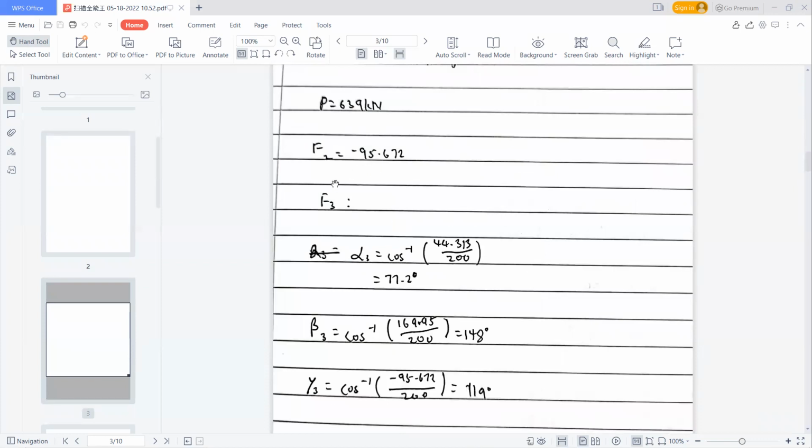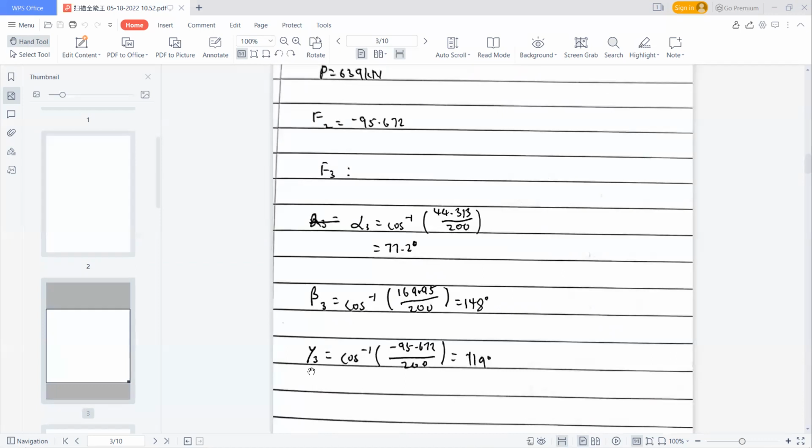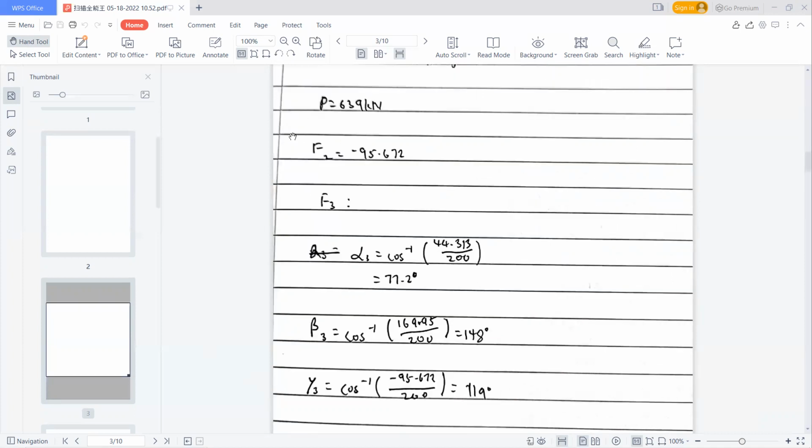So F2 and F3 we will get to know. For F3, as we need the angle, we will use the cos to get all the degrees. After we substitute everything in, we will get the Fz is negative 95.672.